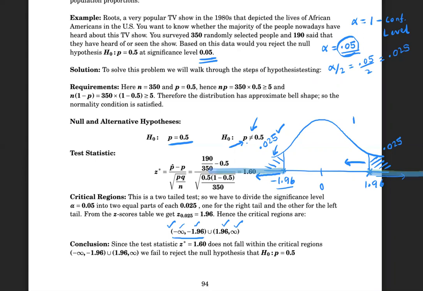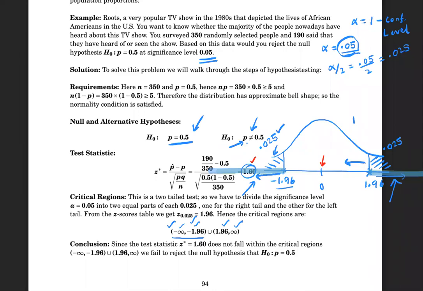Now, if your test statistic z star, 1.6, falls in either this region, which is to the left, or this region to the right, you will reject the null hypothesis. And let me use red so that you can see it here better. 1.6 is a positive number, so it cannot be to the left of 0.